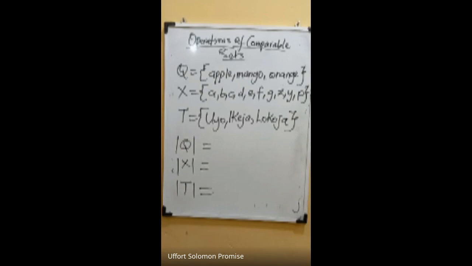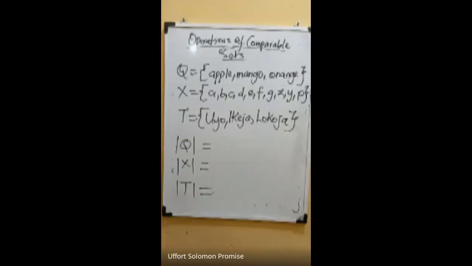Is Damilola there? Okay, Cinderella, what's the cardinality of set T? That is 3. Awesome.